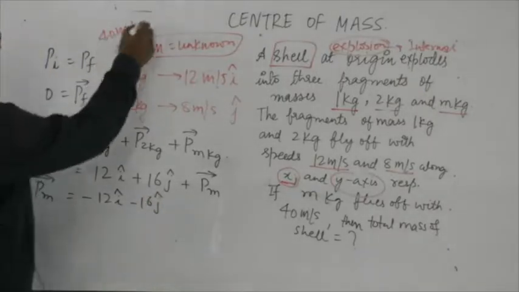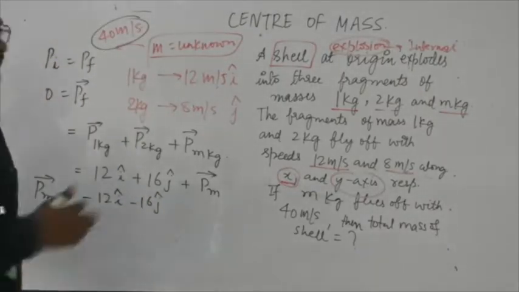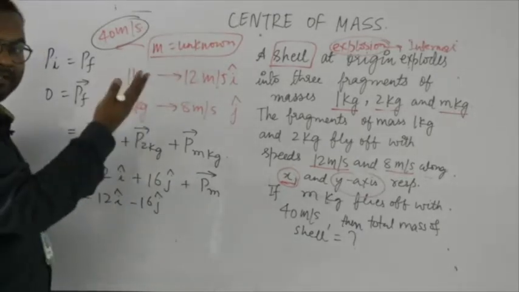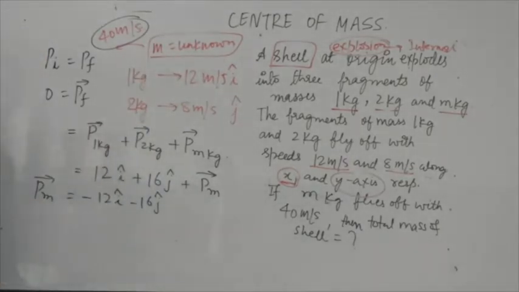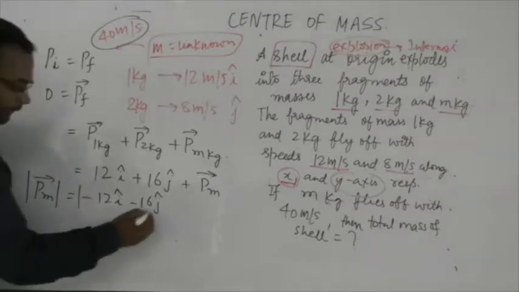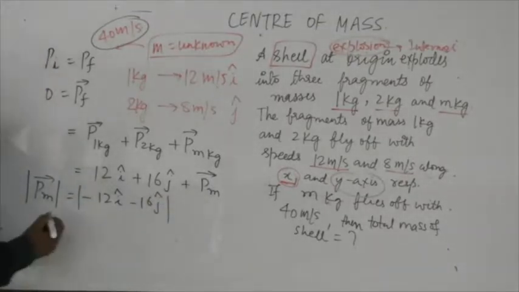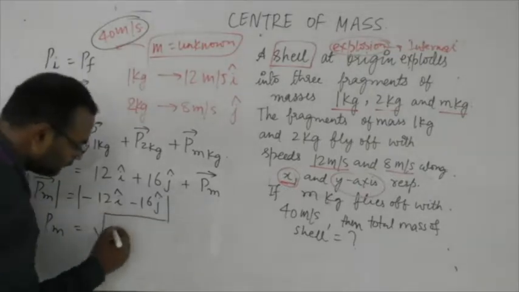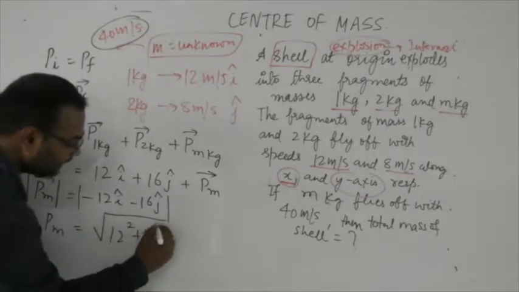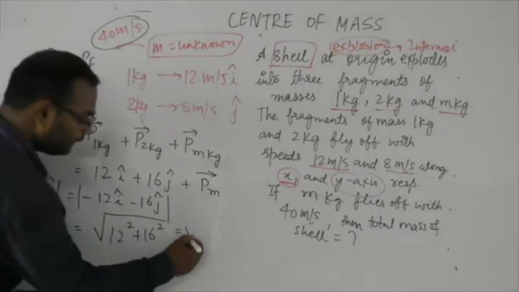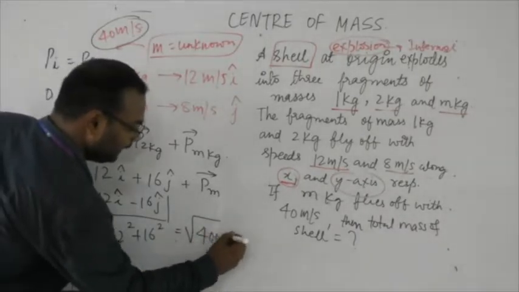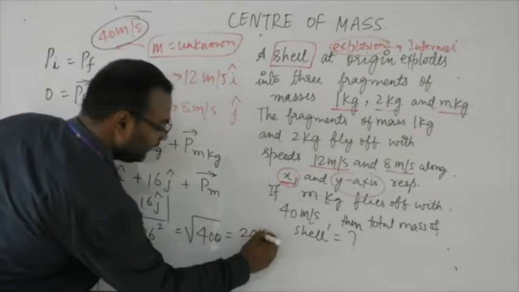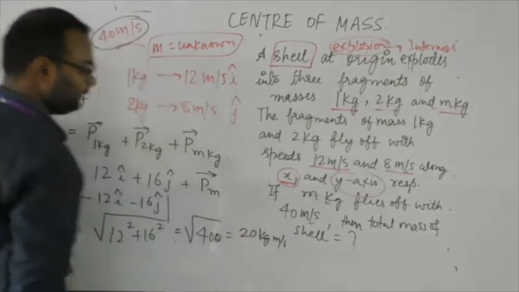You know that velocity is 40 meter per second for that mass m, that is the magnitude. So in magnitude, P of m will be root of 12 square plus 16 square, which is root of 400, and that is 20 kg meter per second.